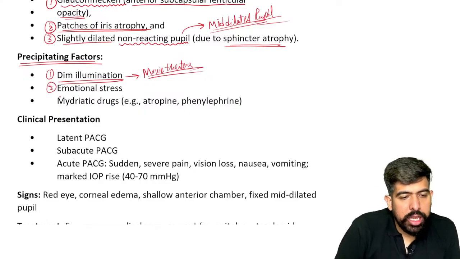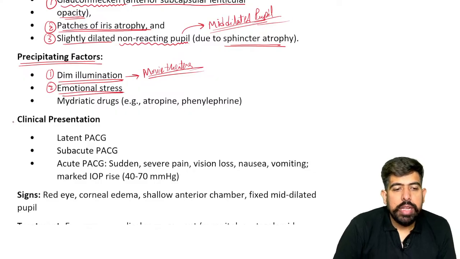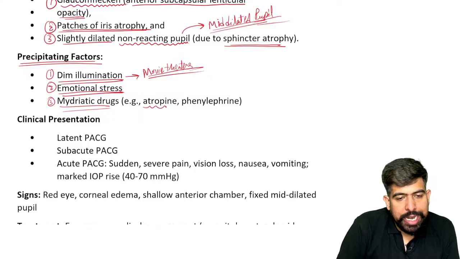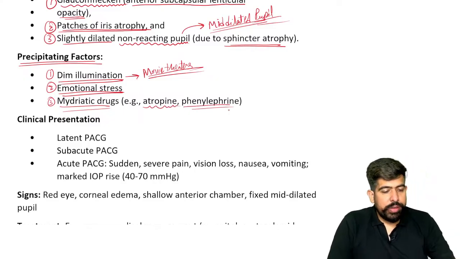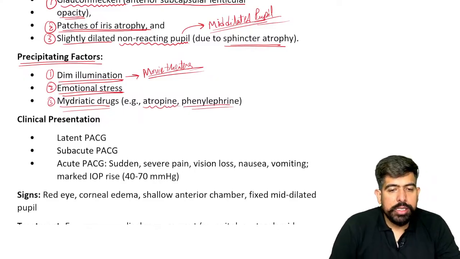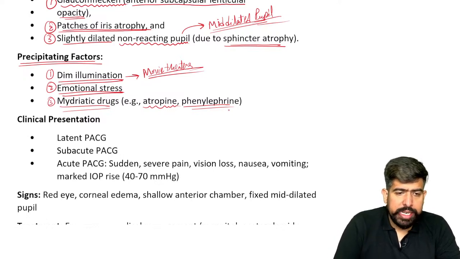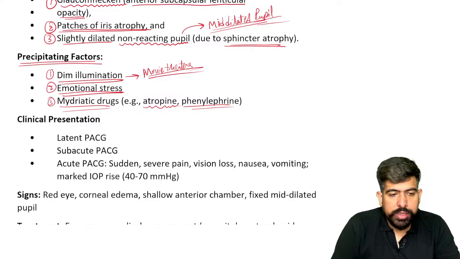The second is emotional stress, and the third one is mydriatic drugs. If the patient is having atropine or maybe phenylephrine, this can be a precipitating factor, right? These are the factors which can cause it.